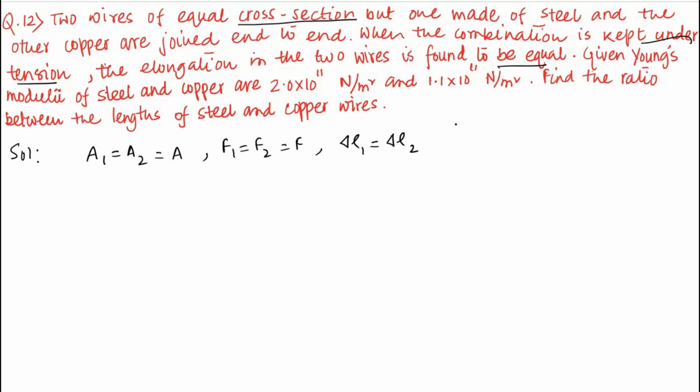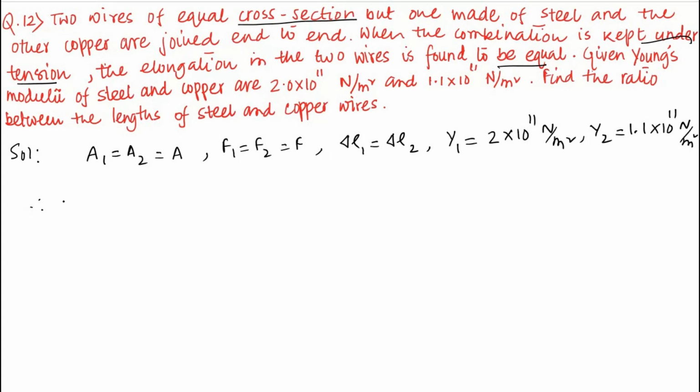And given the Young's moduli of steel and copper, let's say Y1 is equal to 2 into 10 to the power 11 Newton per meter square, and Y2 is equal to 1.1 into 10 to the power 11 Newton per meter square. So we have to find out the ratio between the lengths of the steel and copper wires.